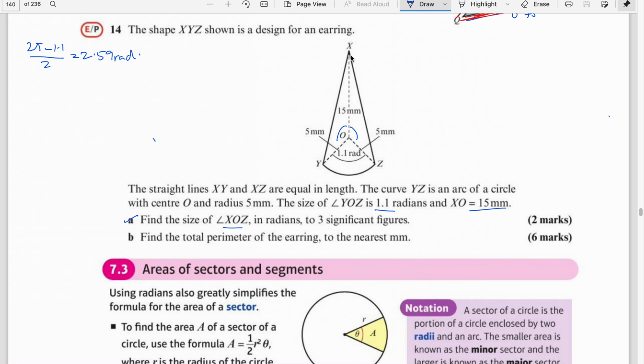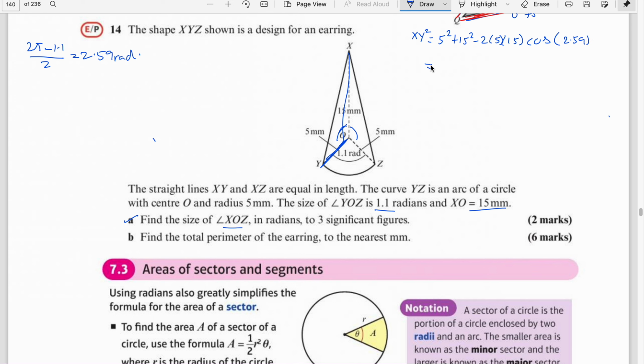Part B says find the total perimeter of the herring to the nearest millimeter. So I need XY, YZ and ZX, all three sides. Starting with XY, I have this side which is 5, this side that is 15, and the included angle, so I'm using the cosine rule. XY squared equals 5 squared plus 15 squared minus 2 times 5 times 15 times cos of 2.59.